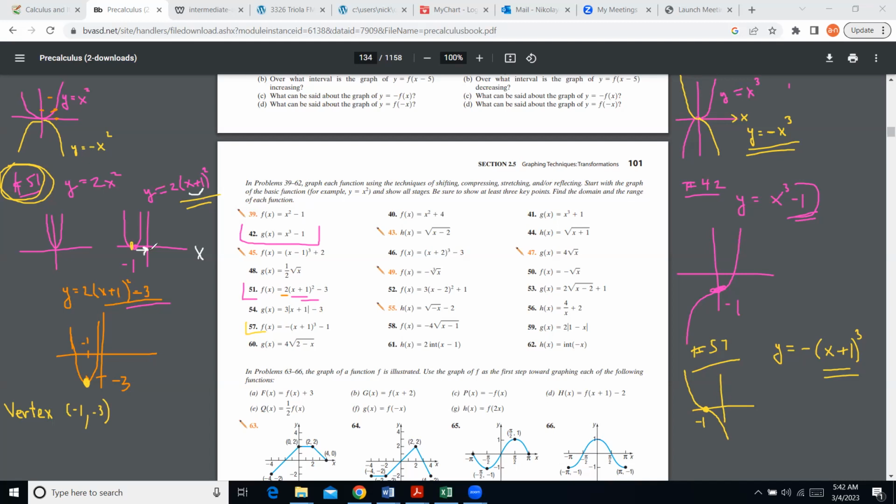So the main observation here is that it doesn't really matter what function you have, whether it's x squared or x cubed. Once you have plus 1 inside the parentheses, your graph is shifted by 1 unit to the left. Now, how about the actual exercise 57 that has x plus 1 cubed in the parentheses, and also at the end of it, subtract 1?